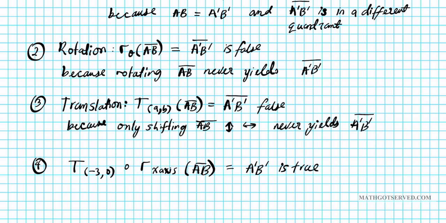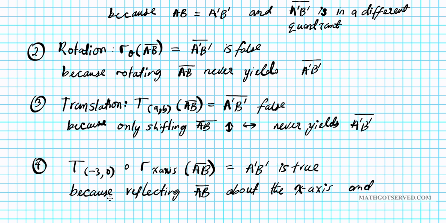Why? Because reflecting AB about the x-axis and translating it, shifting it, 3 units to the left, as we see here, guess what happens?